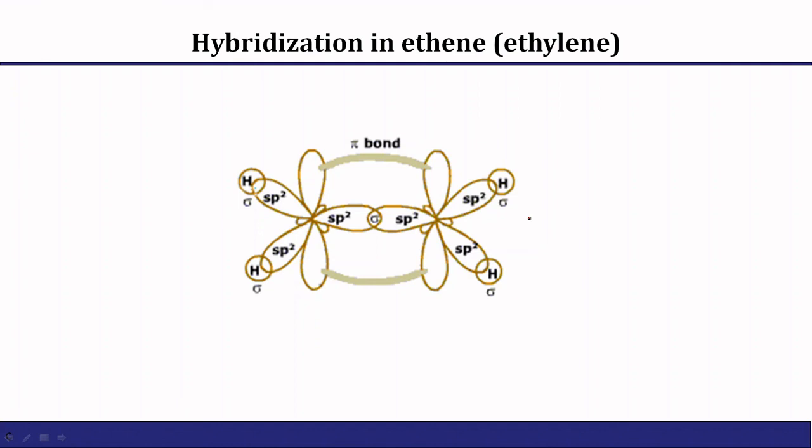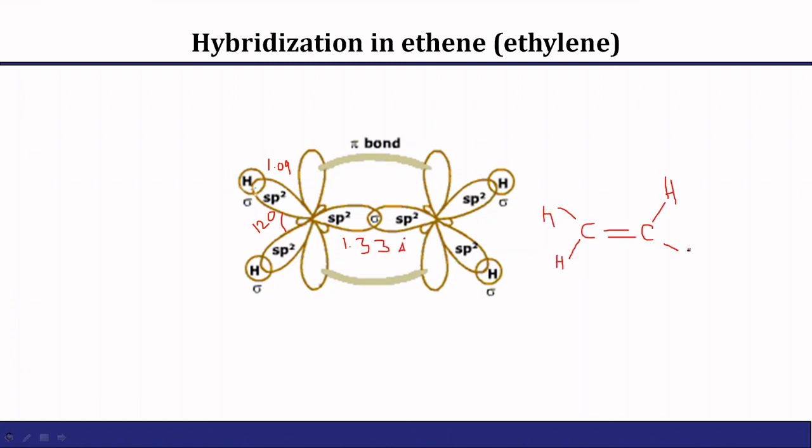So once again, as we discussed earlier, the angle between H-C-H is 120 degrees and the length of the C-H bond is 1.09 Angstrom, and the distance between carbon and carbon is 1.33 Angstrom. In the case of alkane, the bond distance is 1.54 Angstrom.